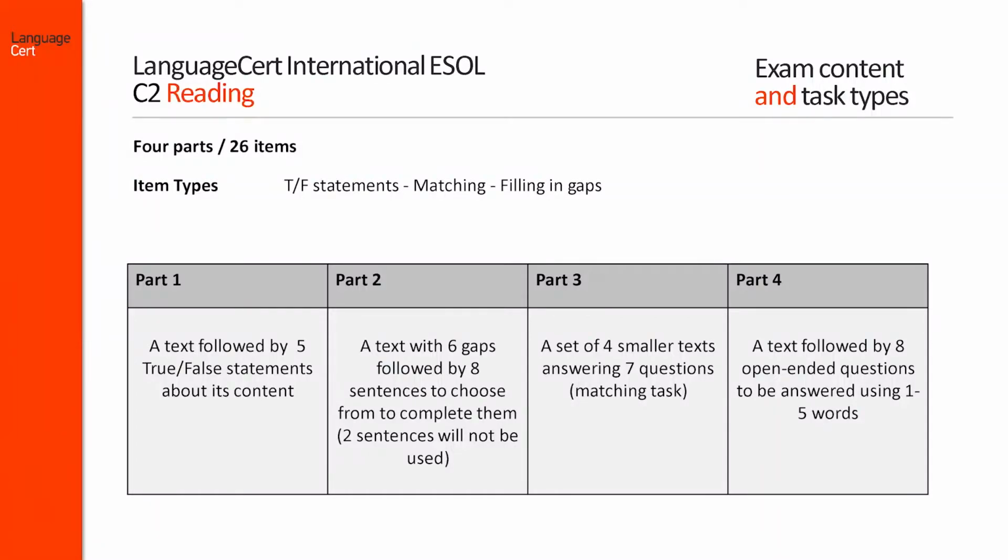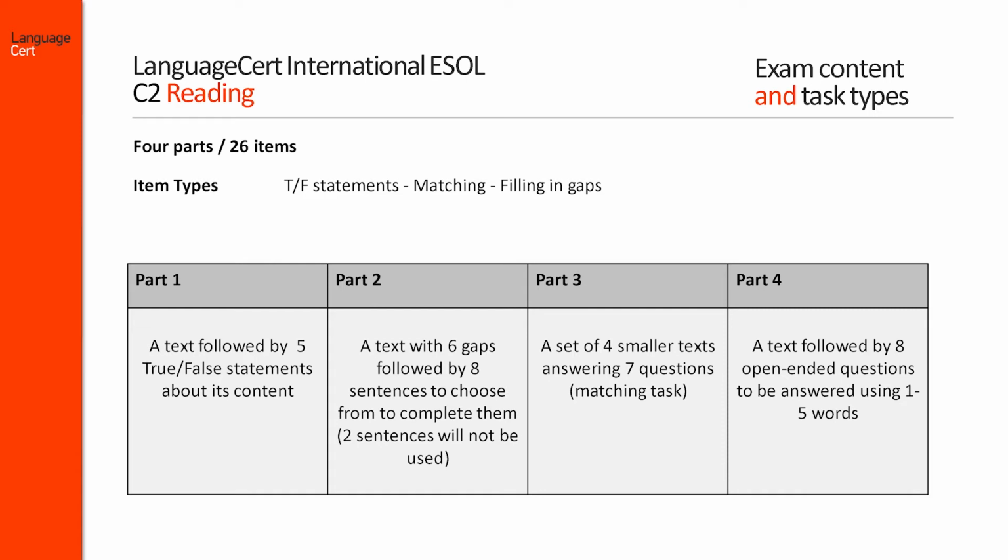The reading component of the LanguageCert International ESOL exam at C2 level consists of 4 parts and there are 26 items. There are 3 different item types: true-false questions, matching questions, and gap-filling questions.